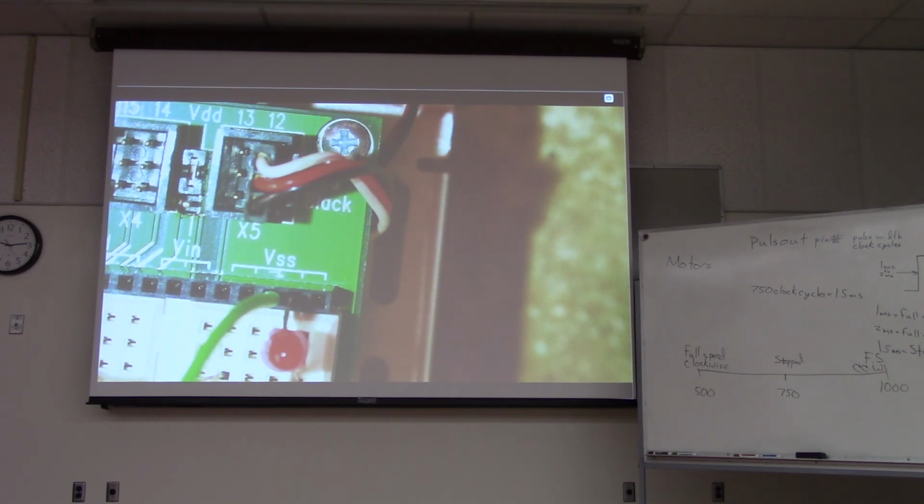Like ground isn't a universal 0, it is only relative to that device, right? Right, ground is not a universal thing. So you could have one circuit with its own ground and a separate circuit with a separate ground. And if you took a voltmeter and measured between those two, you could see a difference in voltage. So ground is not a universal thing.